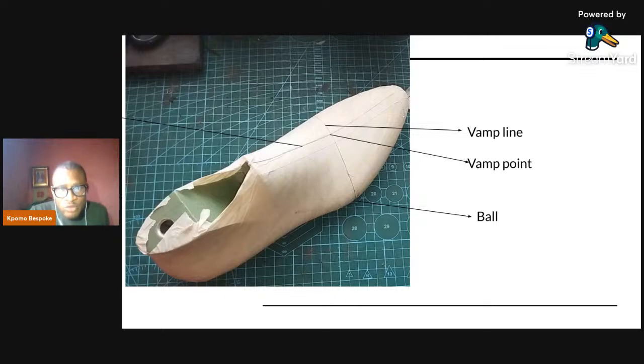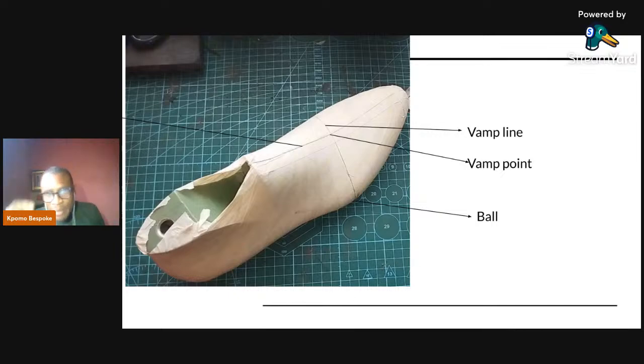Those points are called the balls. So there's the ball on this side and there's the ball on the outer side. The line that joins the two of them is known as the vamp line. This is the vamp line. Then the point where they intersect with the center line is called your vamp point.